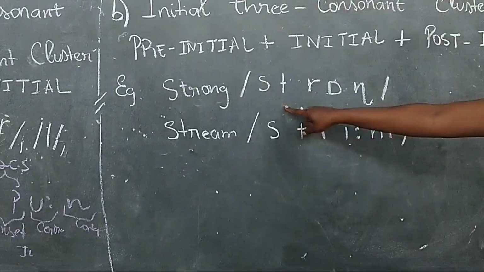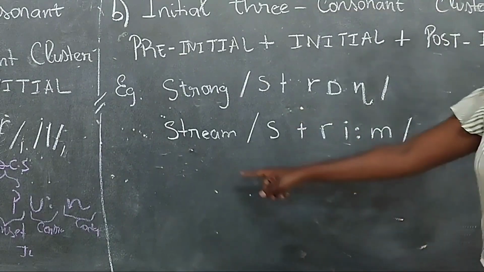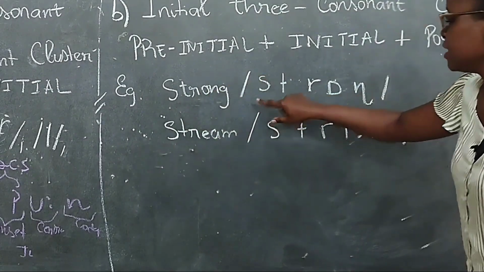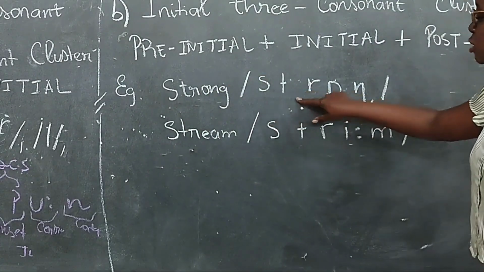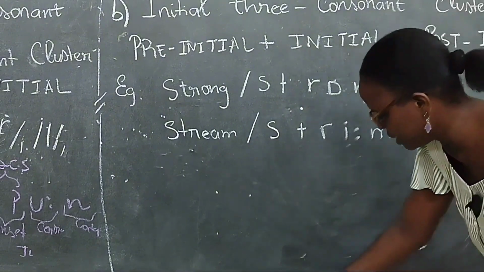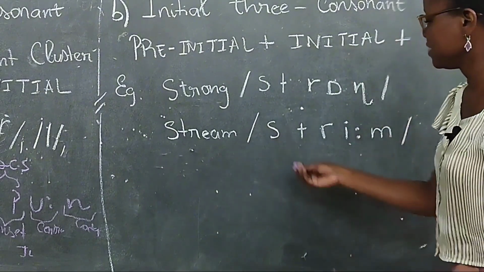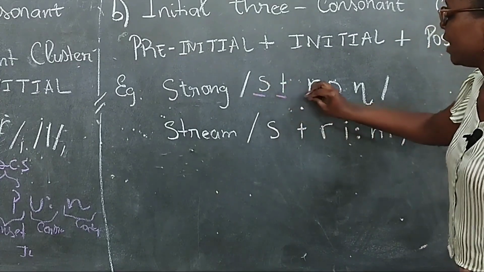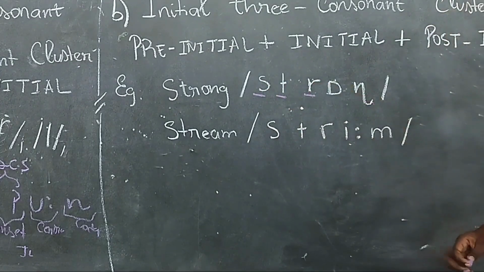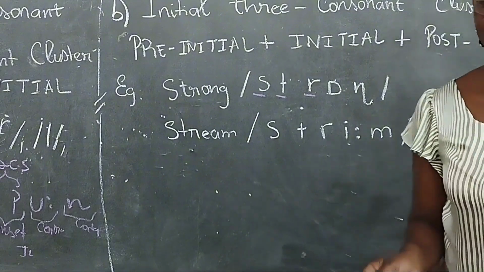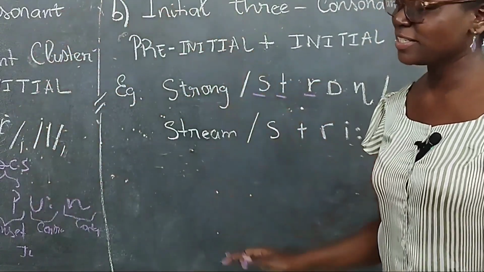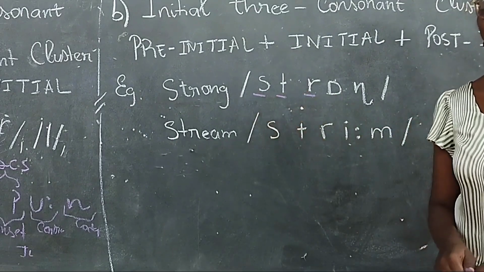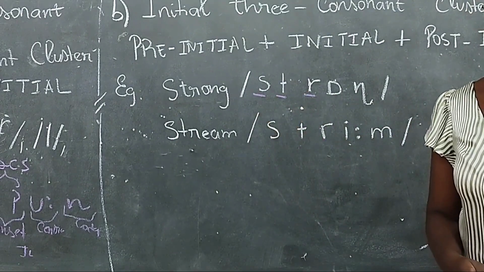Let's look first at the word strong. You see, we have 3 consonants. The same in its transcription, we find 3 consonant sounds. We have sa, ta, and ra. Now it's time for us to apply everything that we've learned here. What did we say about s coming in initial position?